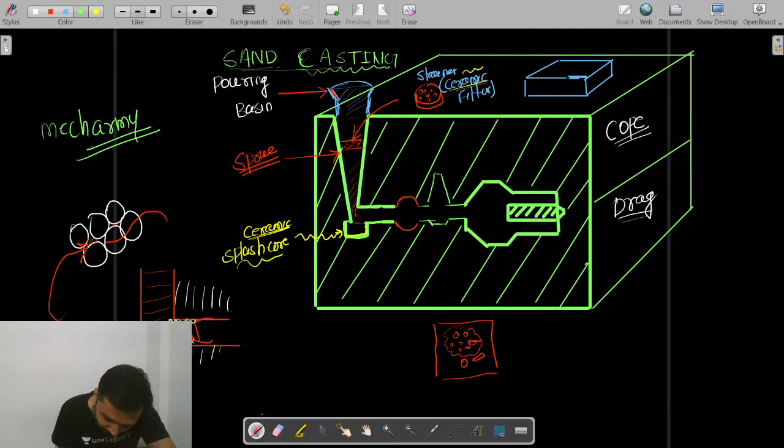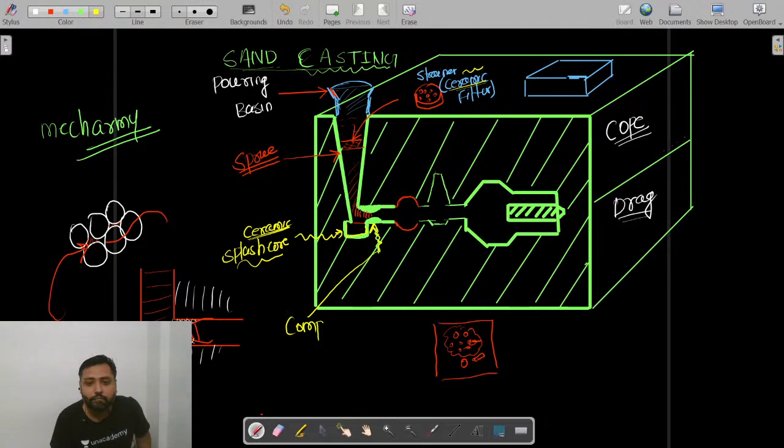Means the sand mold will be made with this type of impression here. This is what we call compensation for vena contracta.